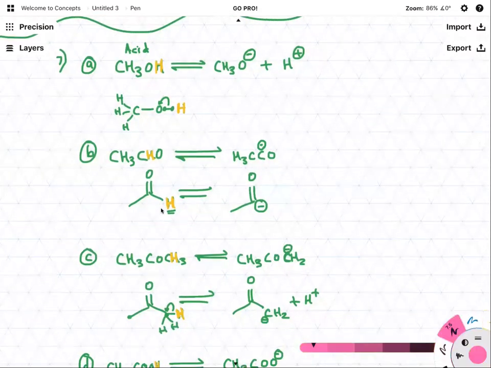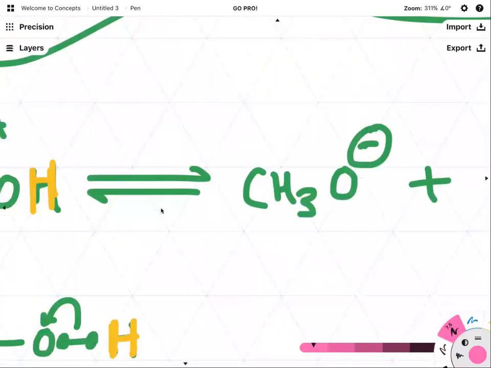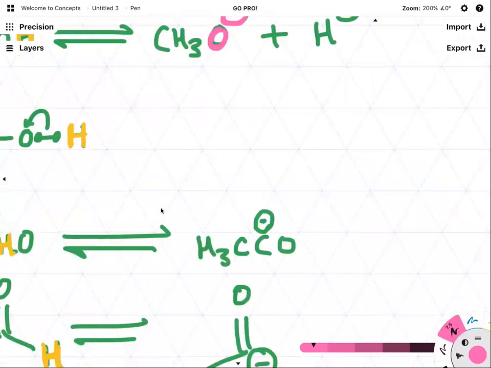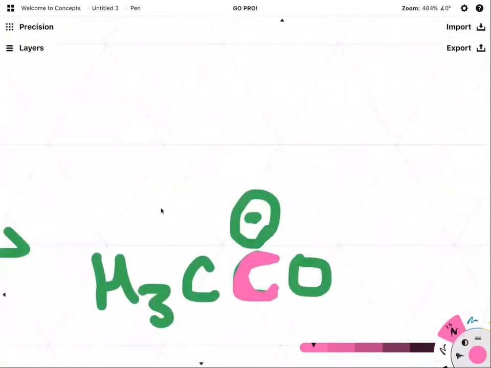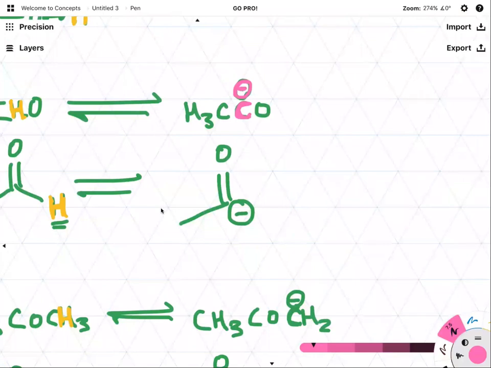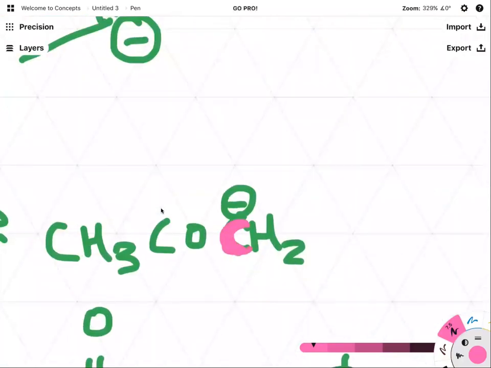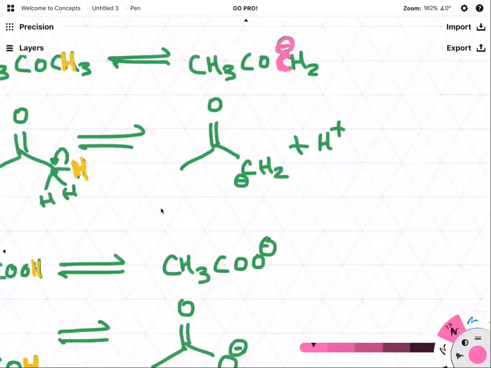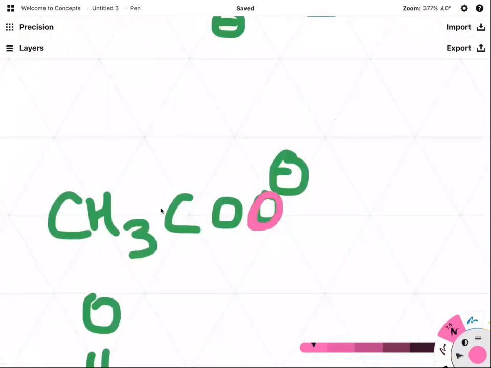I'll put everything in pink. The thing that we're comparing is going to be this oxygen with the negative charge because it lost its hydrogen. Compare that to that carbon with its negative charge because it lost its hydrogen, to this carbon, it lost its hydrogen, to this oxygen because it lost its hydrogen.